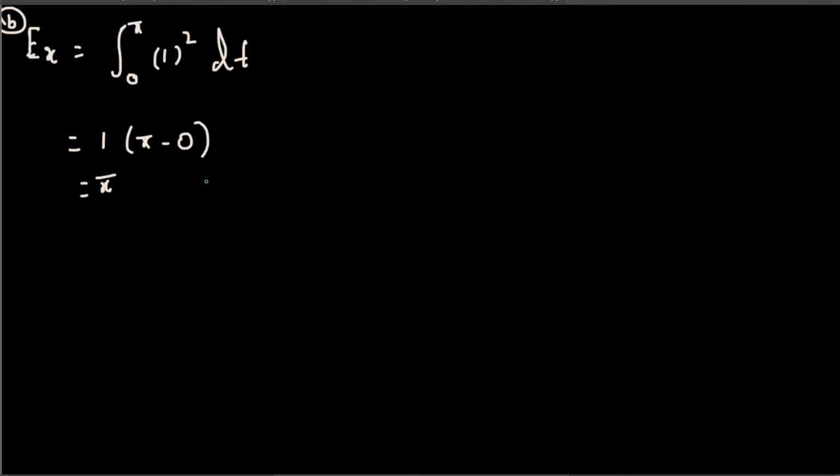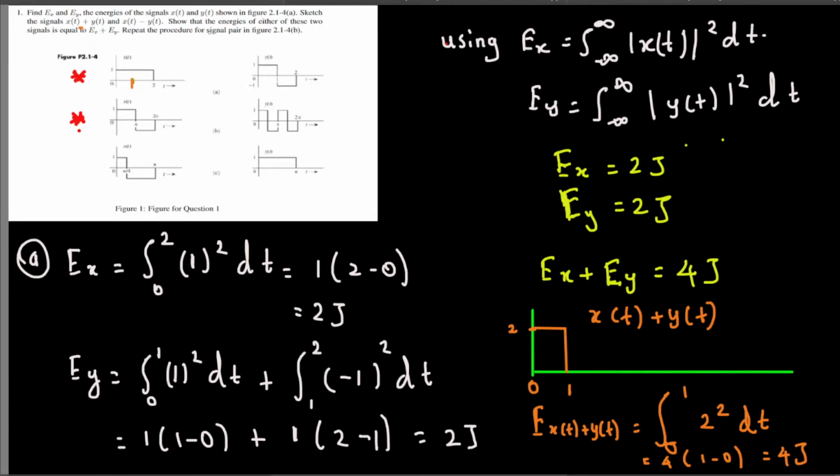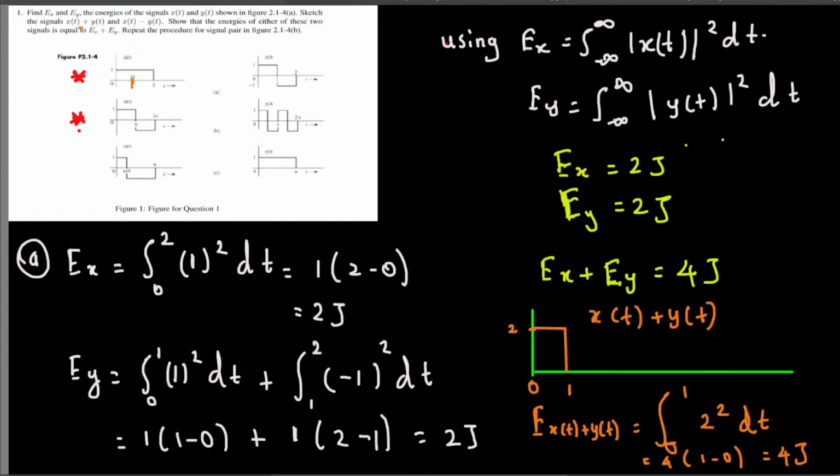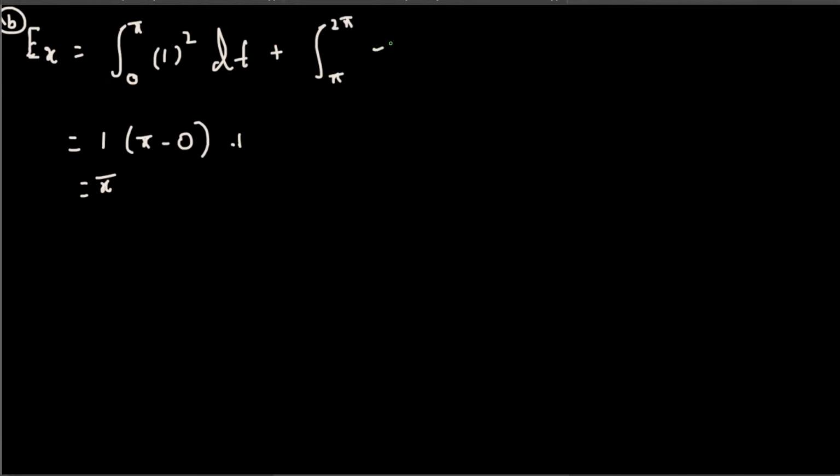Okay. Oh, and I missed one thing. This is the thing you have to be careful of. We have 0 to 5, and then 5 to 25 as well, so I didn't include that. So this is again 5 to 25, and at that time, what's the height? From 5 to 25, the height is -1. This is -1 squared dt.